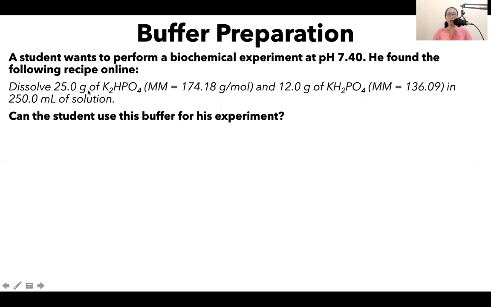So we have 25 grams of potassium hydrogen phosphate and 12 grams of potassium dihydrogen phosphate in 250 ml of solution. Again, the first thing you need to do is to identify if you have the correct components for your buffer.